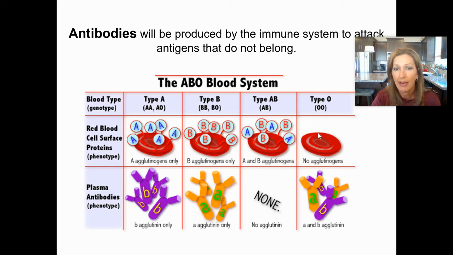Since I don't have the A or the B antigens, my immune system makes antibodies that will fight off A or B. So, as a type O person, I can only receive blood from type O people. If I receive blood from any of these other types with A or B antigens on it, my antibodies are going to clump up that blood, agglutinate it, and that's going to cause clotting throughout my organs and possibly cause me to die.